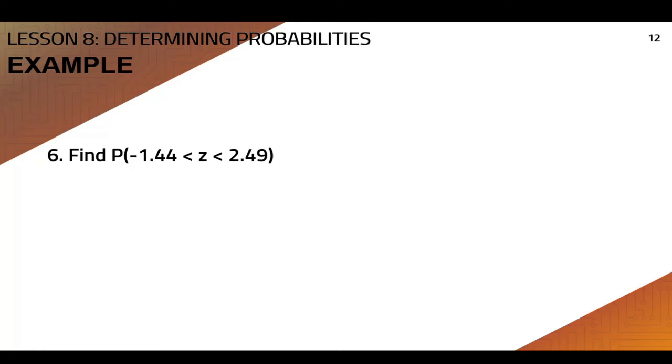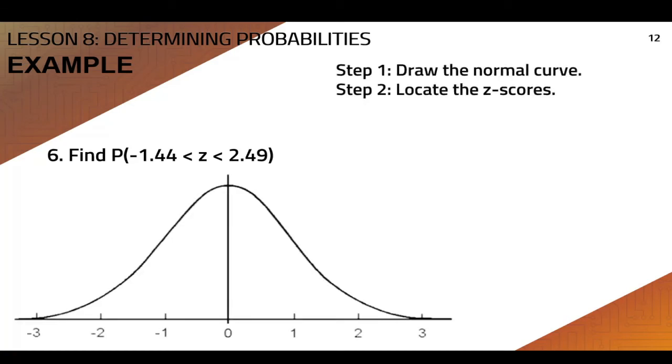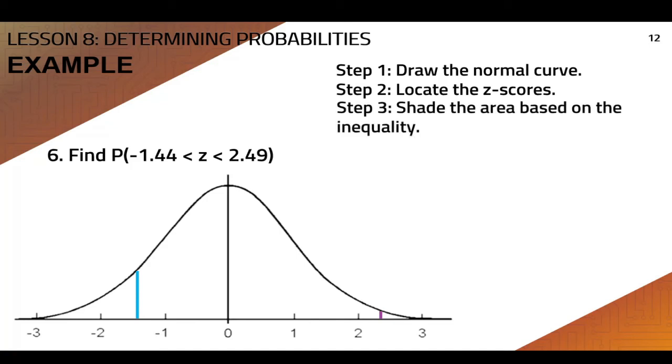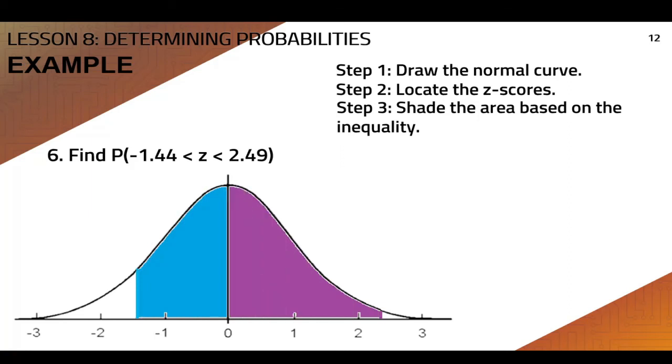Then, let's find the probability when z is greater than negative 1.44 and less than 2.49. So again, same procedure. Draw the normal curve. Locate the z-scores. Negative 1.44 is in between negative 1 and negative 2. 2.49 in between 2 and 3. Ang ating inequality ay ang z daw natin nasa gitna. So, in between. Ayan. So, therefore, alam natin na yung total area ay nag-overlap sa mean. So, ang gagawin natin ay i-add lang natin yung dalawang area.